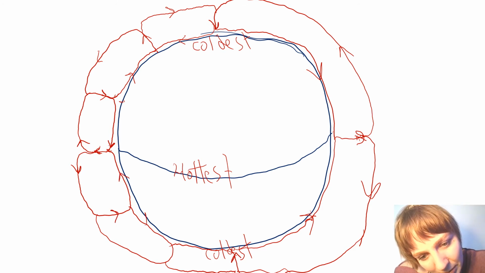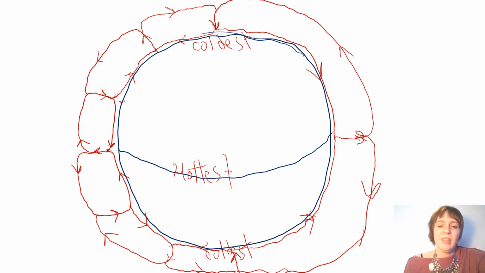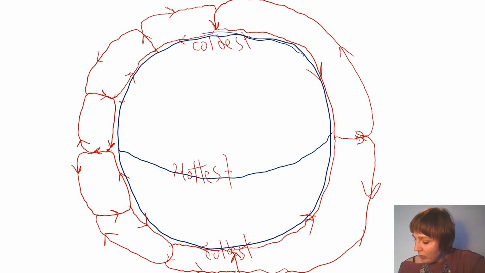So this must be going like that. And if this is sinking, it must be pulling air in aloft. That air has to come from somewhere. And so we have like this. All right, so there I have all of my different global convection cells.